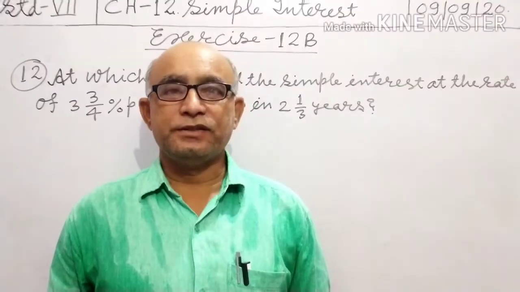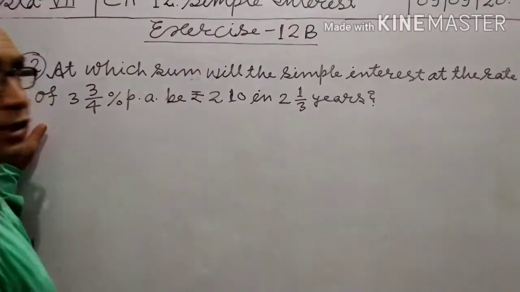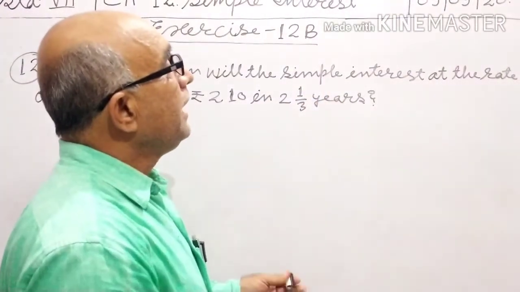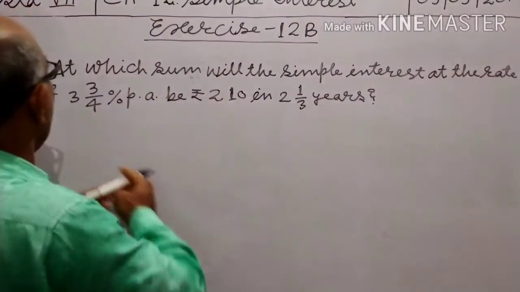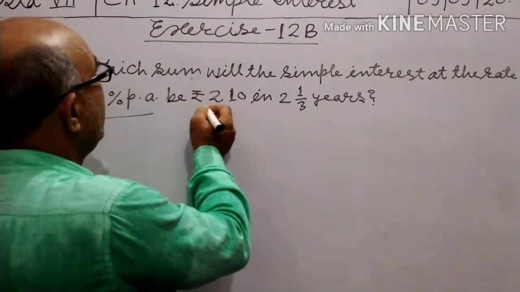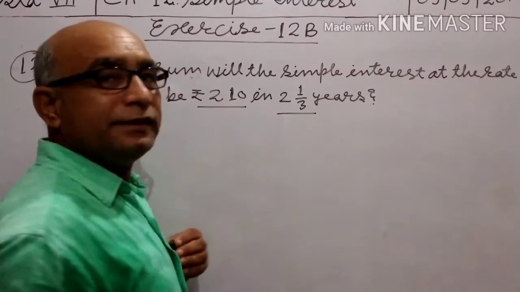Students, next, and it is the last question also. Question number 12. At which sum will the simple interest at the rate of 3 whole 3 by 4% per annum be rupees 210 in 2 whole 1 by 3 years?